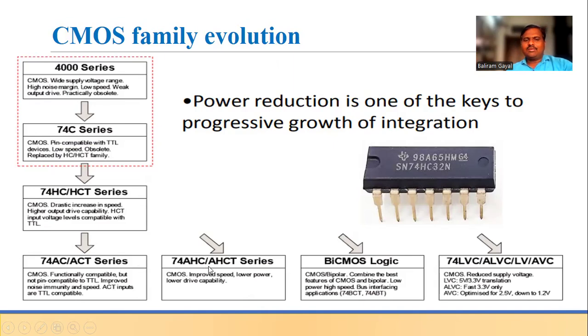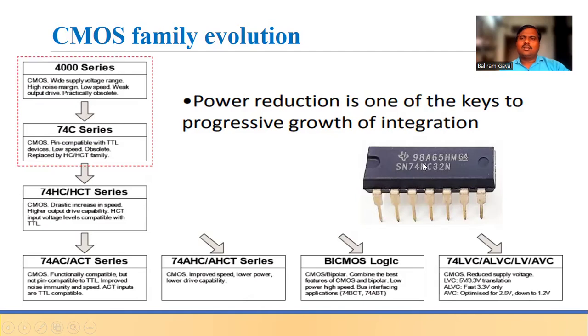The 74ACHT series is CMOS with improved speed and again lower power consumption, lower drive capacity. Then CMOS logic 74LVC, ALVC, LV, with reduced supply voltage. LVC is 5 volt to 3.3 volt, and others are optimized for 2.5 volt and down to 1.2 volt.